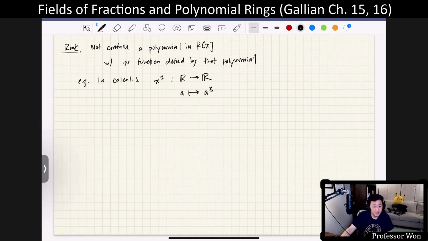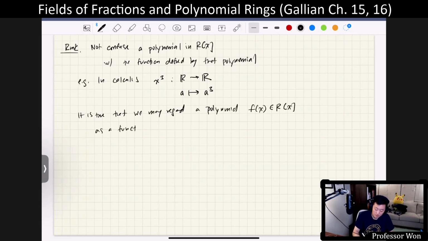Now, it is true that we can think of polynomials as giving functions from the base ring to the base ring. That actually is true, where you just substitute in. So we may regard a polynomial f(x) in R adjoin x as a function from the base ring R to the base ring R, where you send the element a to the result of plugging it in for x in the polynomial.